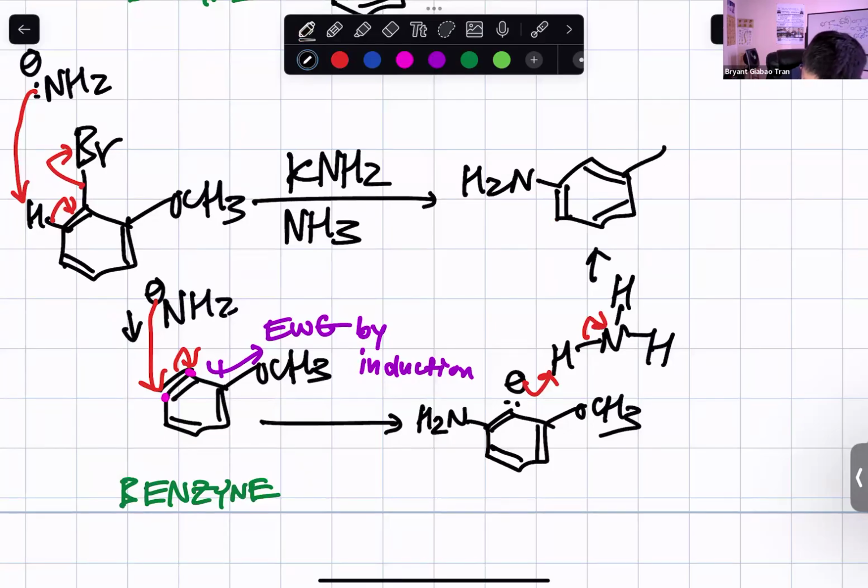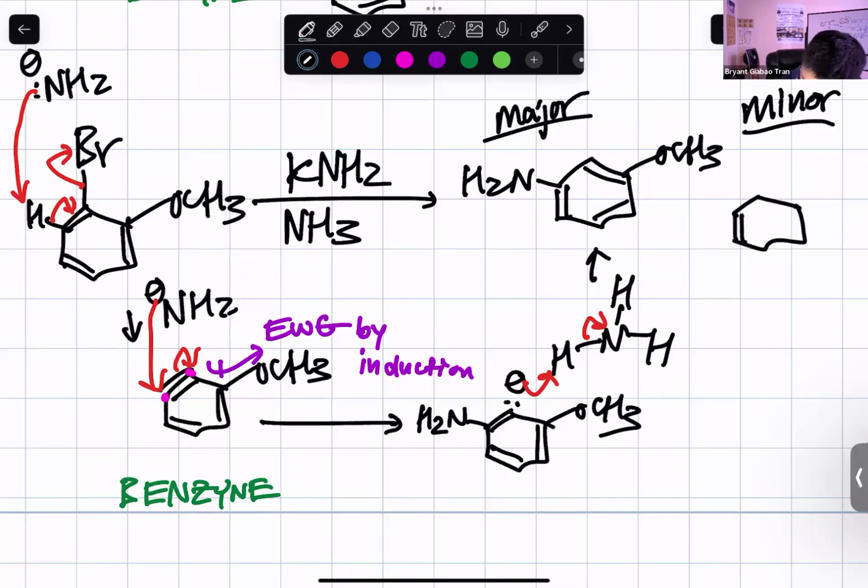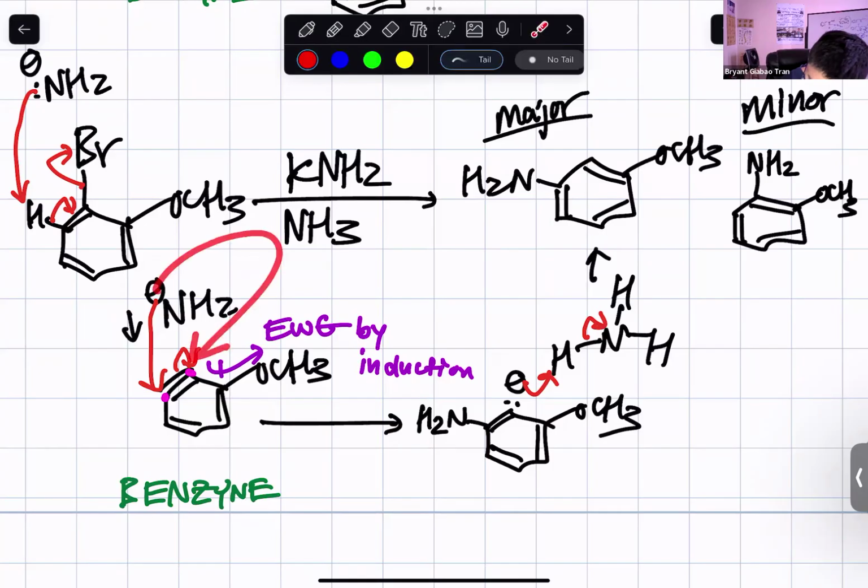Right, and this is the major product, where the minor product is going to have the NH2 ortho to the EDG. Because if the NH2 attacked that ortho position, this other carbon would have had the negative charge right there.